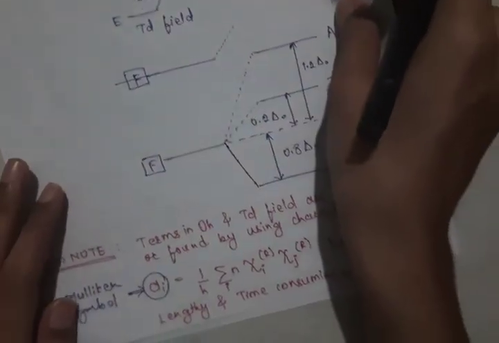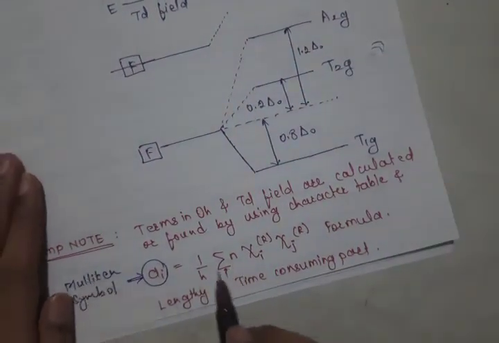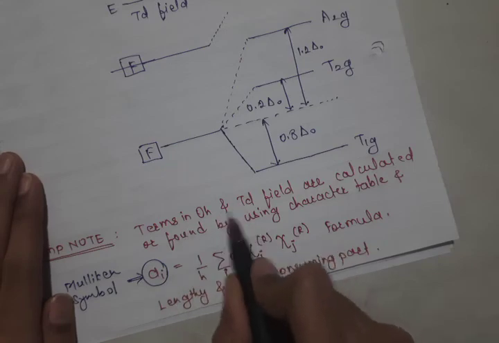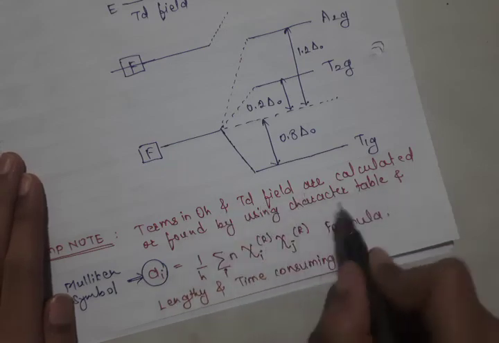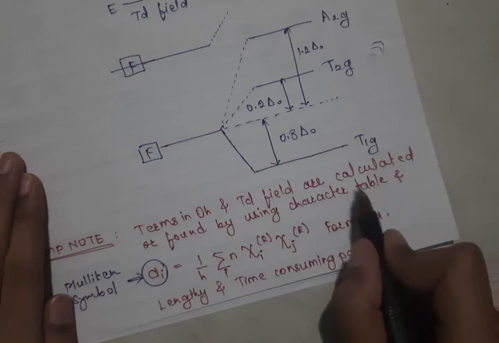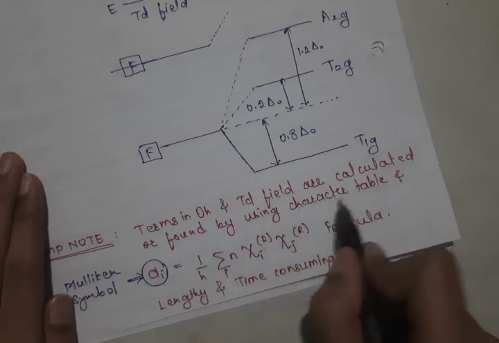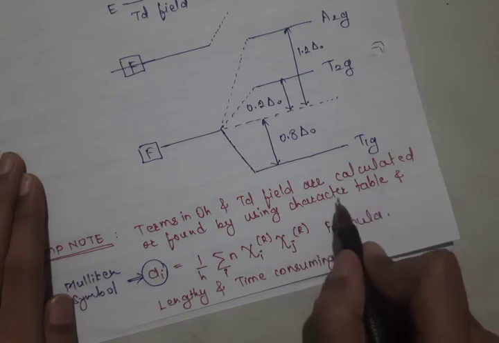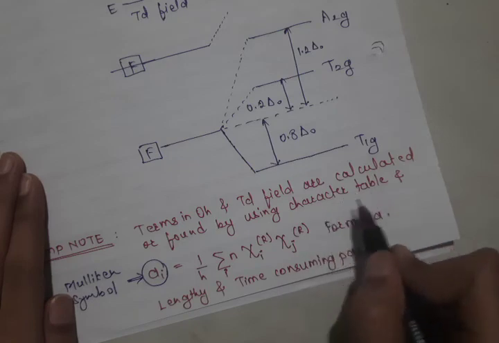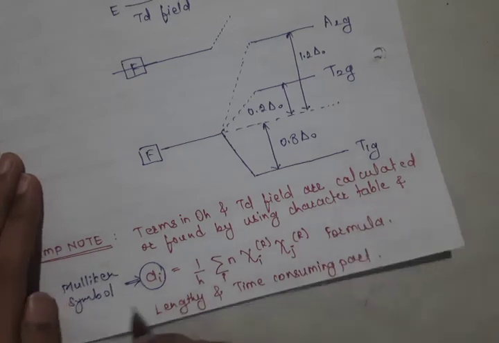Here I have mentioned an important note: the terms in octahedral and tetrahedral fields are found using the character table. For an octahedral complex, use the character table of octahedral, and for tetrahedral use the character table for tetrahedral complexes.